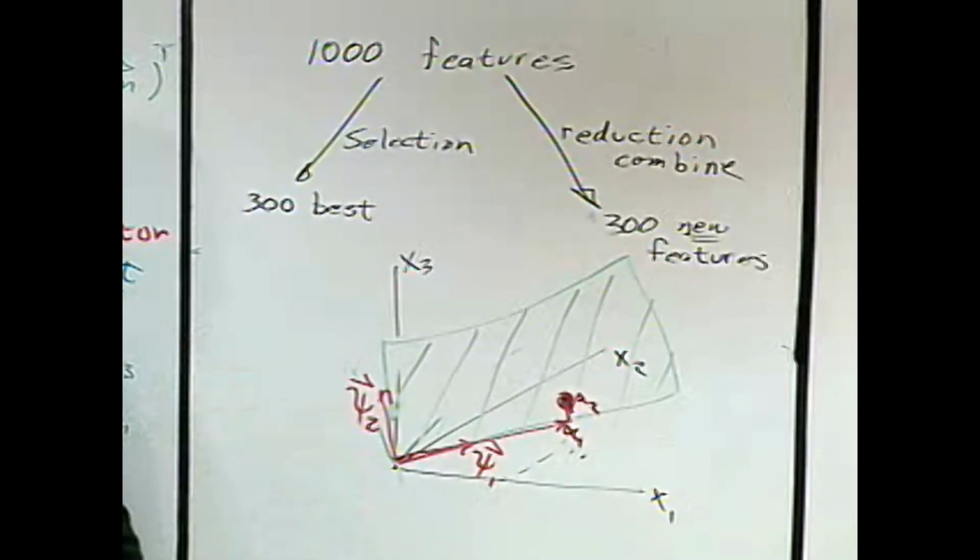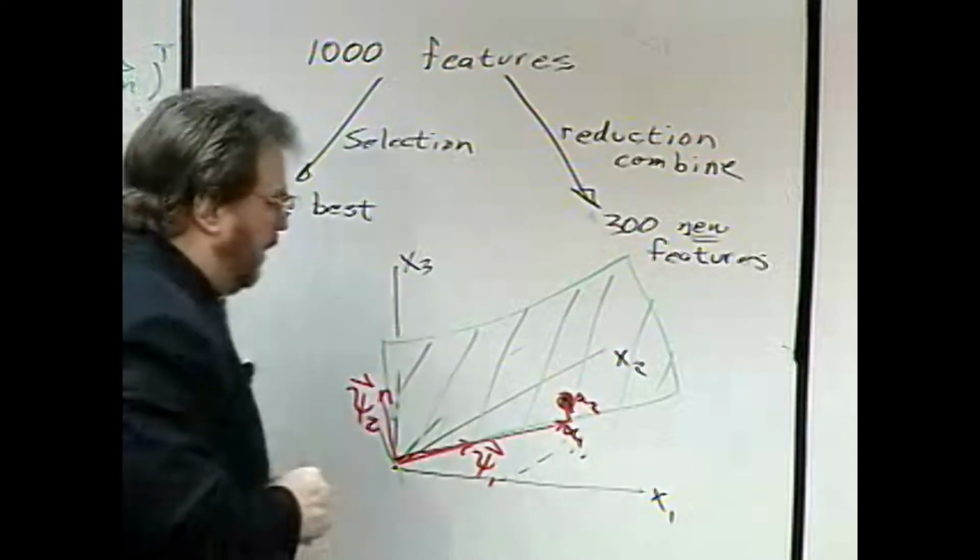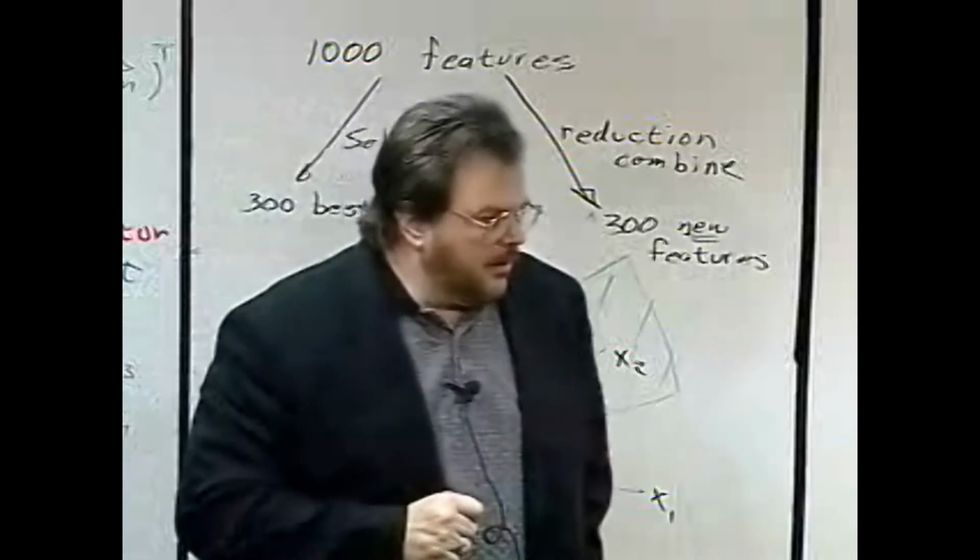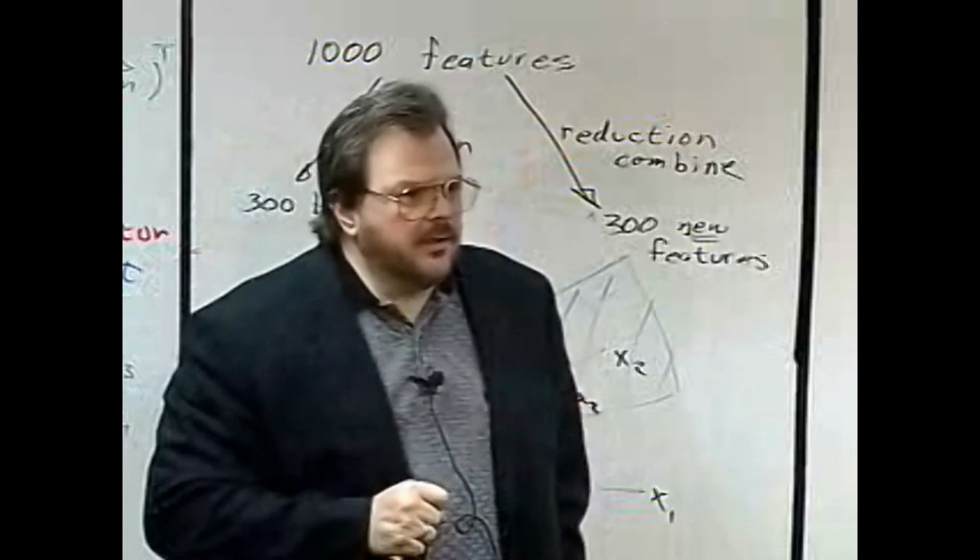Yeah, but if for some, I missed the first step. So if for some weird reason we already had our system in eigenvalue form, then it's really a selection problem, because we're just cutting off the unneeded dimensions. If they're already in eigenvalue form, but that assumes, for example, that you have data which is directly related to itself.